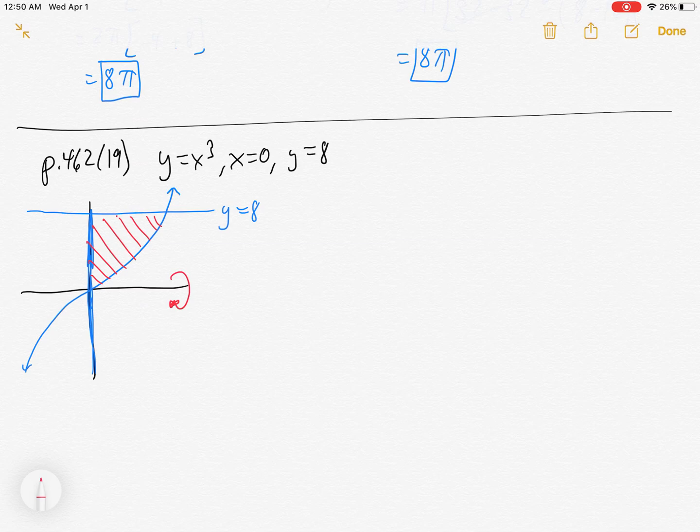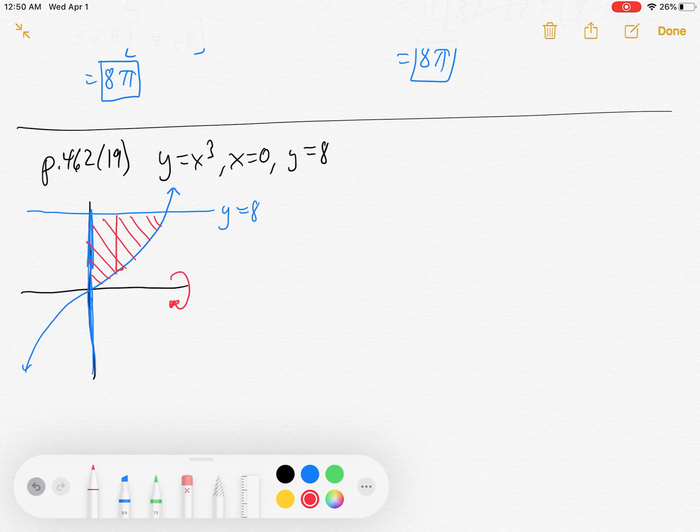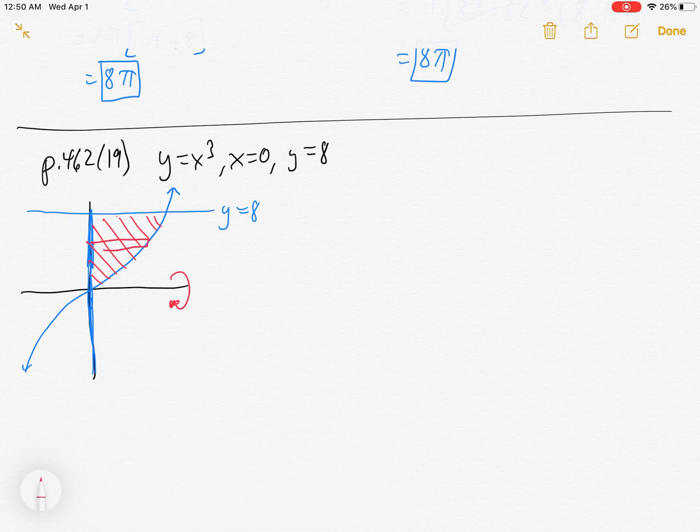Okay, so if we're going to do shell, which we'll start with, it'll be, whoops, that's wrong. Let's do that, yeah. Shell, parallel, will be a horizontal representative rectangle. You don't have to make it solid, I'm just showing off the iPad stuff there.